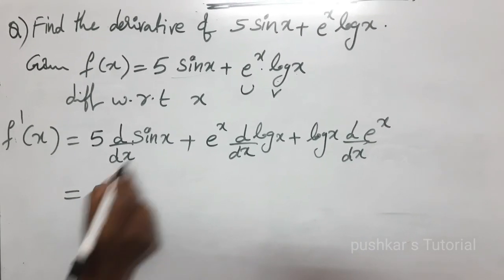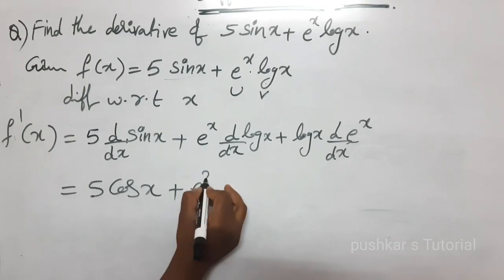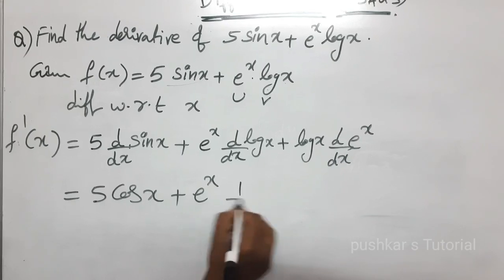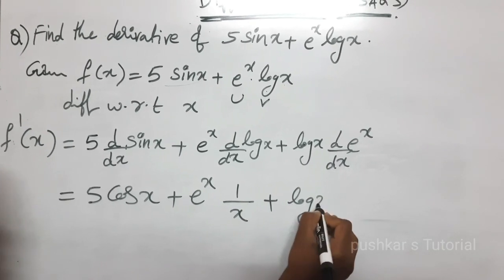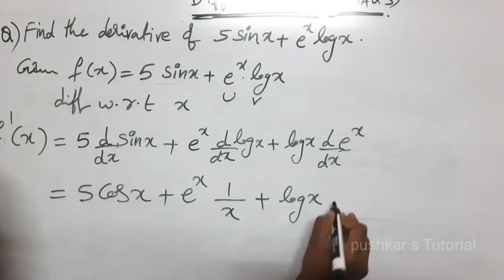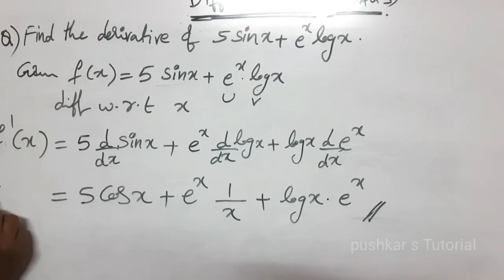So 5 sin differentiation is cos x, e power x, log x differentiation 1 by x, log x as it is, e power x differentiation e power x. That is the final answer.